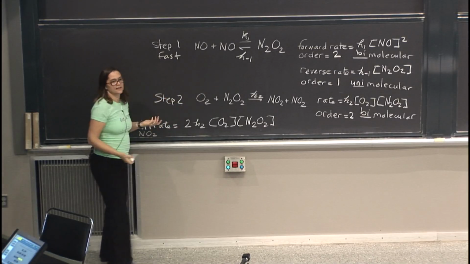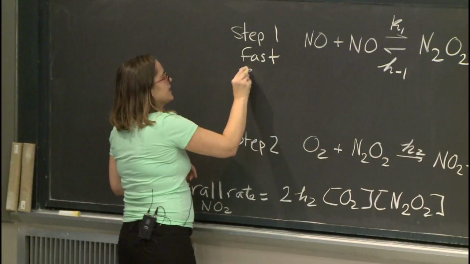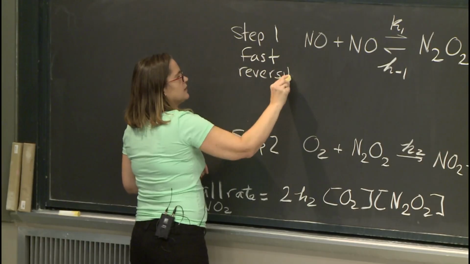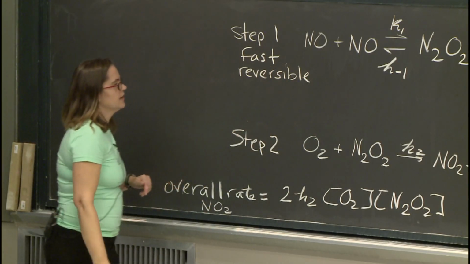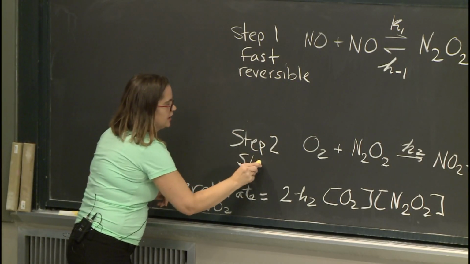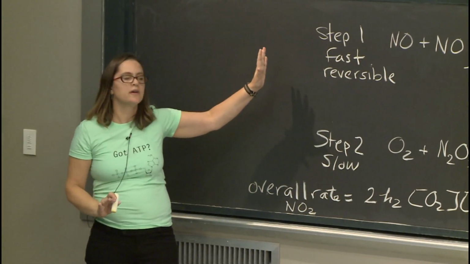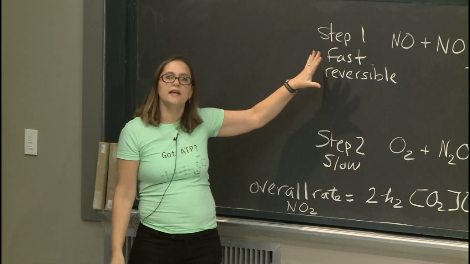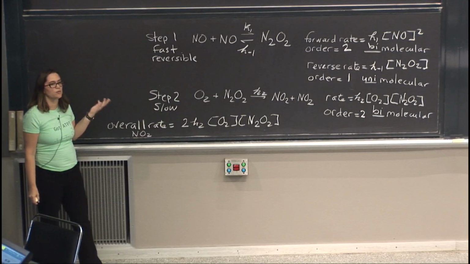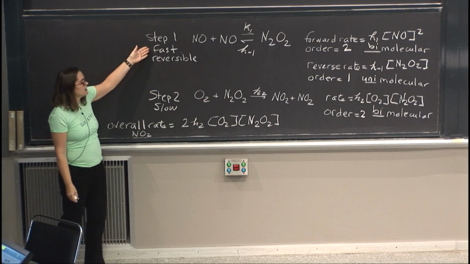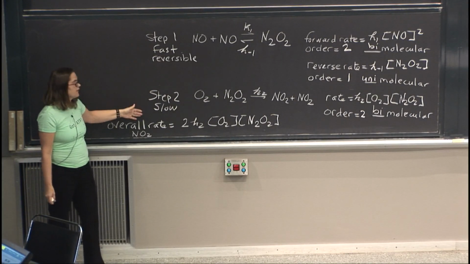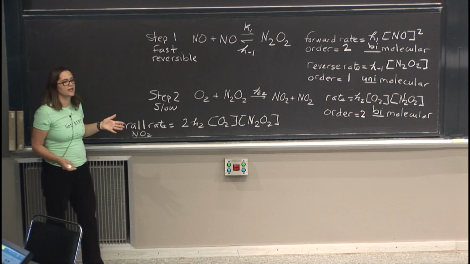And we already said that it was reversible, but we'll put that down too. Is fast and reversible. And step 2 is slow. So I'm just going to propose that these are true. And then we will recalculate what the rate law would be if you have a fast reversible step followed by a slow step, and see if that agrees with experiment.